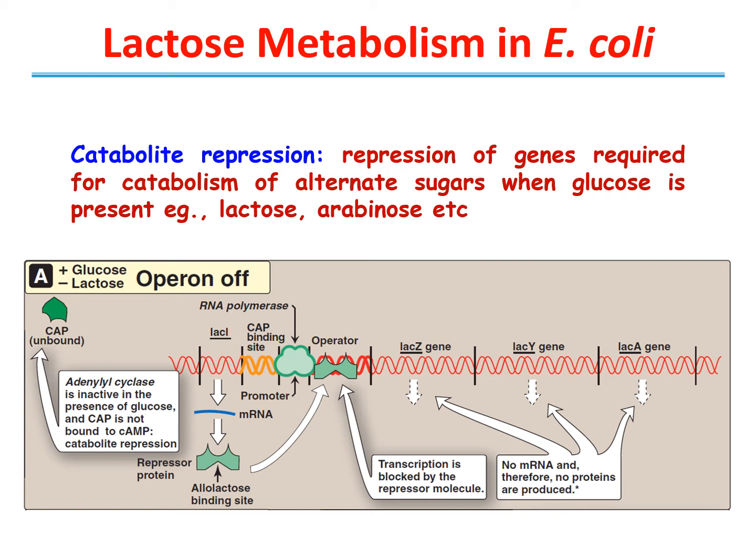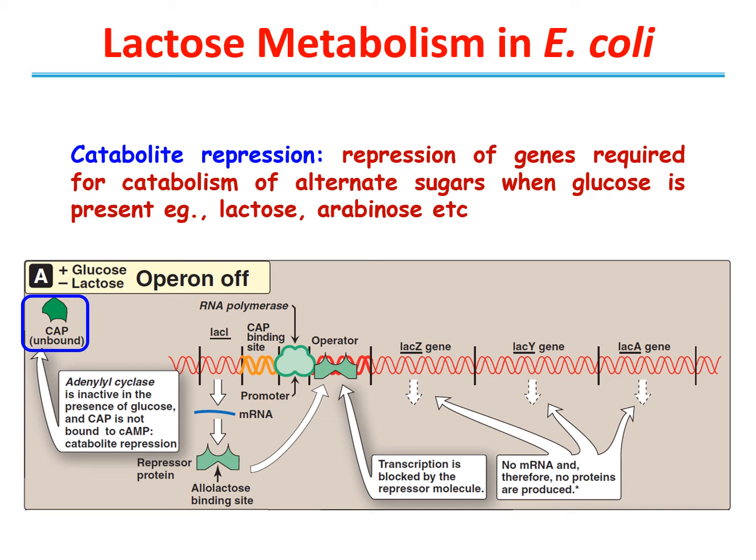So the lac operon can be understood in two or three scenarios. The first scenario is when glucose is present and lactose is absent. In that case, the operon will, of course, be turned off. So what's happening? When glucose is present, there is no cyclic AMP. You must know that already.